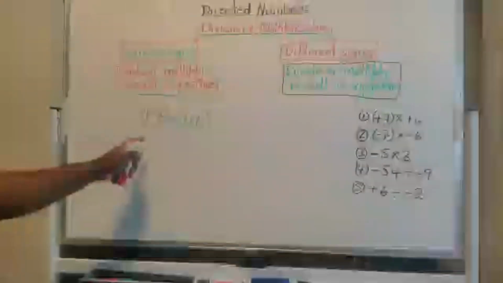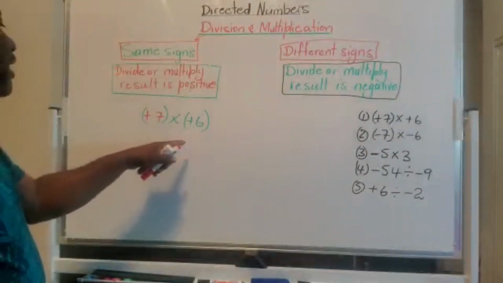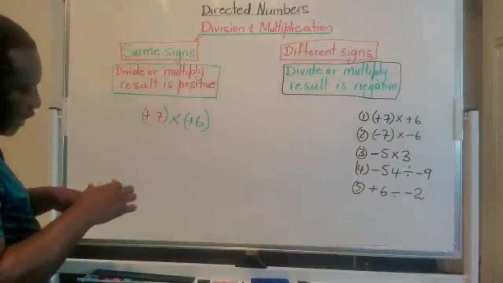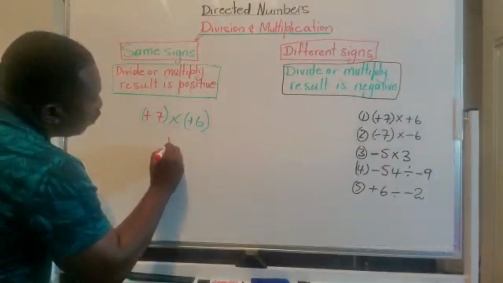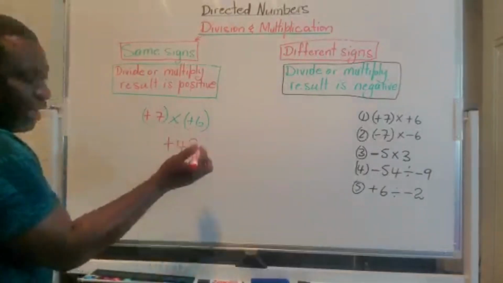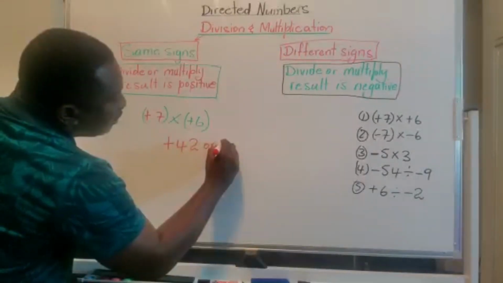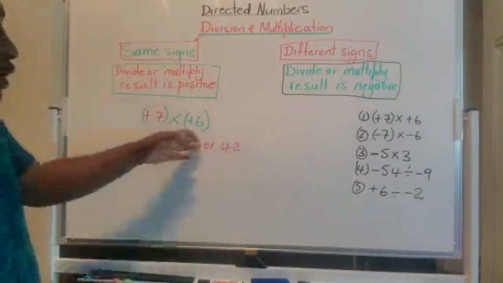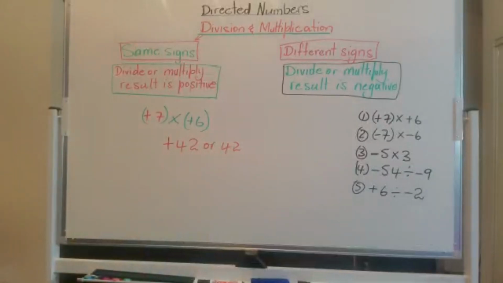Therefore, 6 times 7 will give us 42. That is 42 being positive. Remember, you don't have to write the sign here.